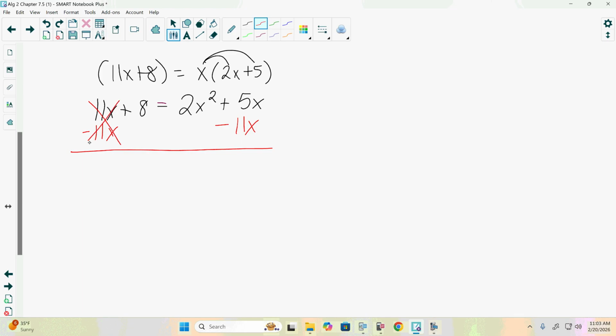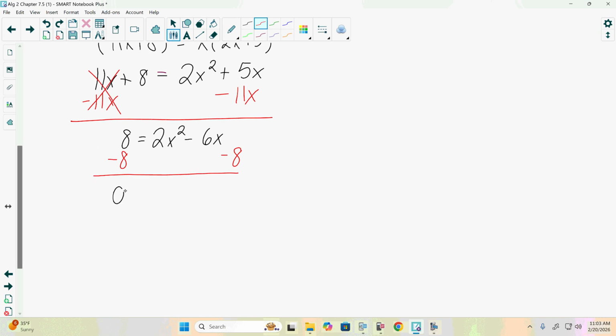So I will subtract 11x first, telling me 8 is equal to 2x squared, 5x minus 11x, 5 minus 11, it's going to be negative 6x. Subtract 8 from both sides, telling me 0 is equal to 2x squared minus 6x minus 8. Questions on how we got it equal to 0?